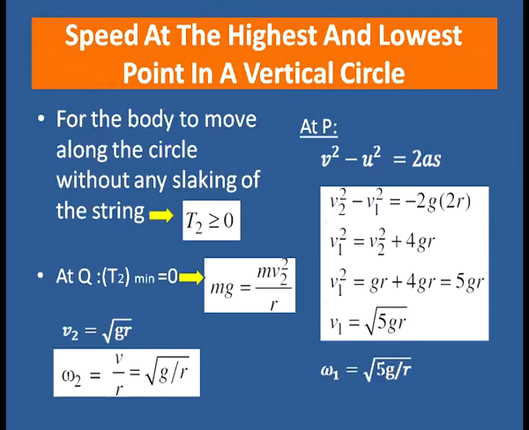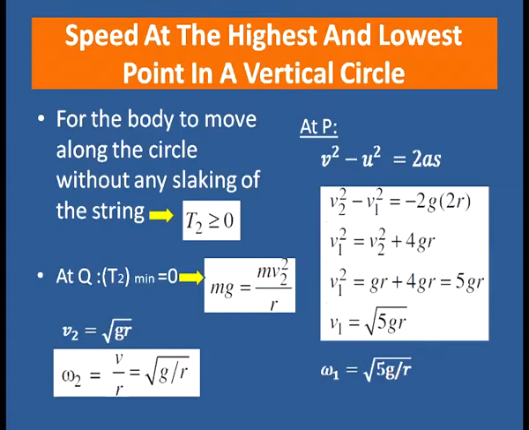By putting this value in the equation T2 equal to mv2 square by r minus mg, T2 equal to 0 means mg equal to mv2 square divided by r. From this, we get v2 equal to root over of gr.